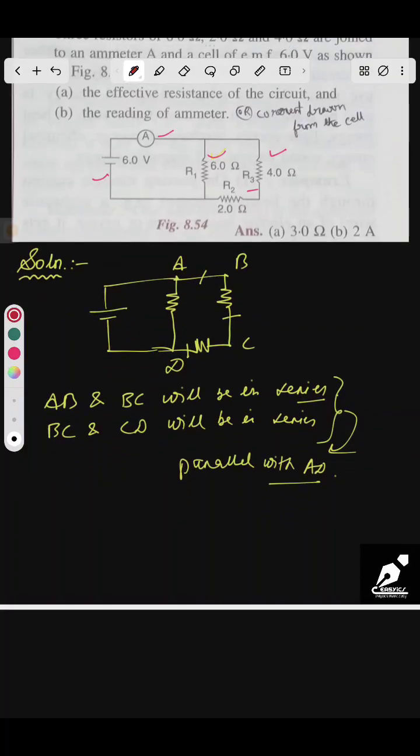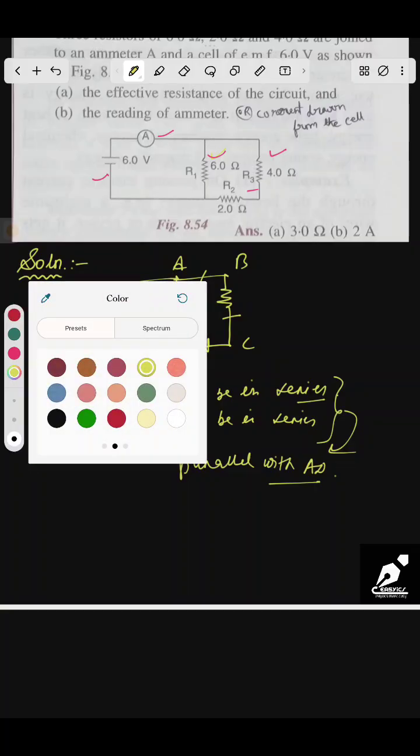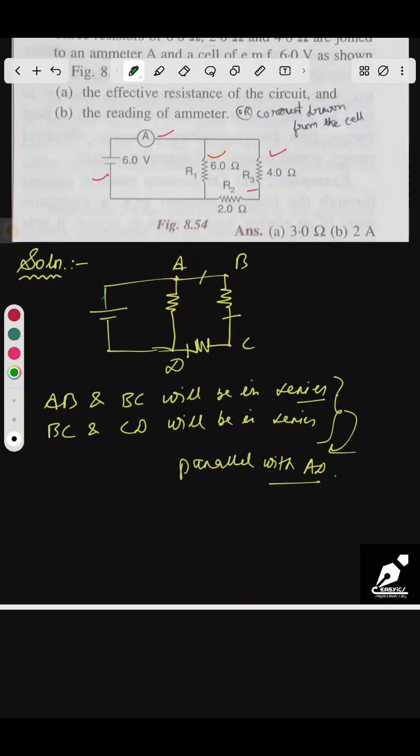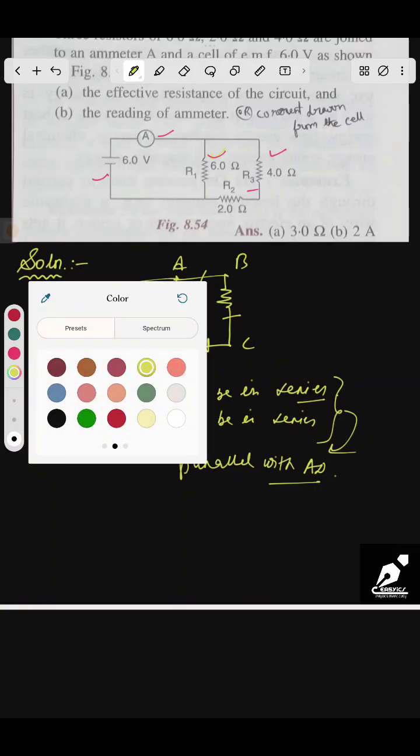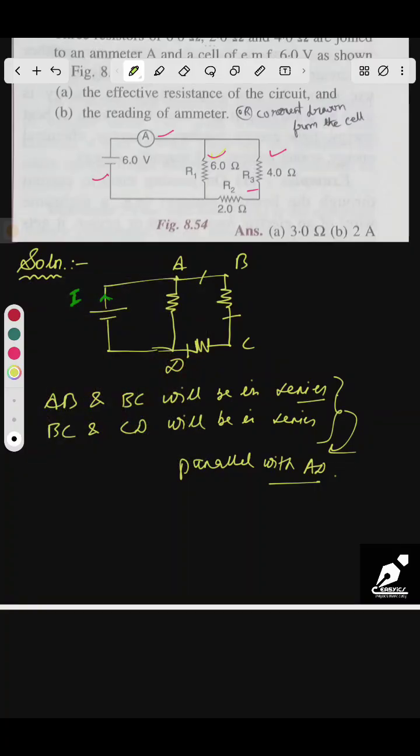For example, let me consider that from this battery a current I is coming out. The current I will be traveling here and reach this junction, right?